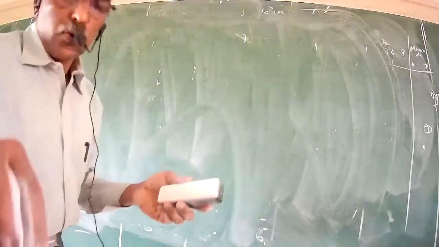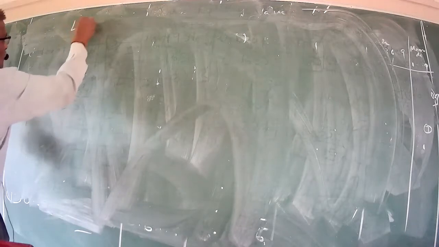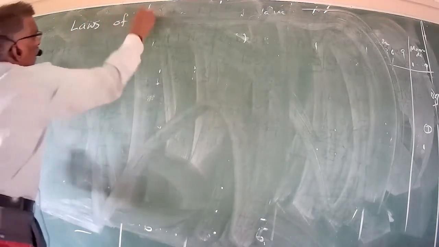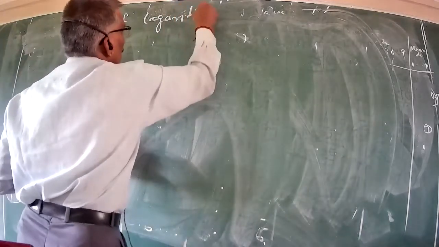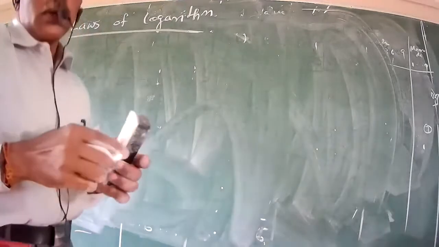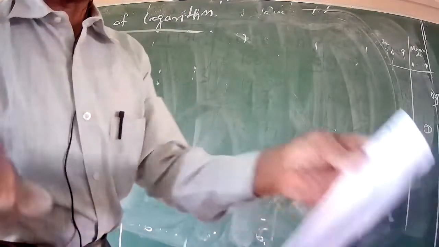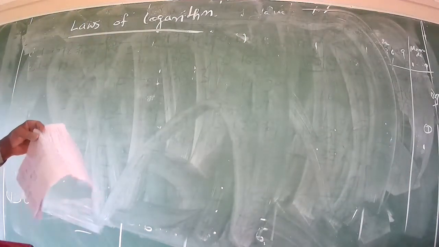To solve the problems, we have some laws of logarithms. This is very important. If you are familiar with the logarithm laws, then only can you solve the problems. Unless you are familiar with these logarithmic laws, you can't solve the problem at all. So this is very important.